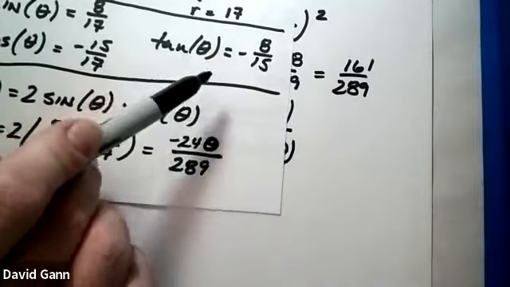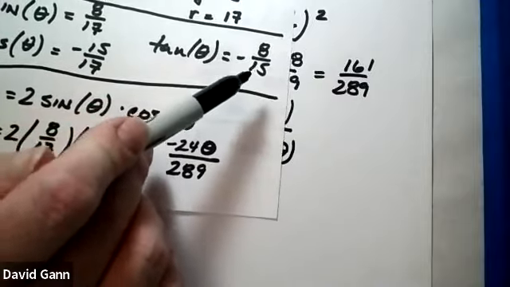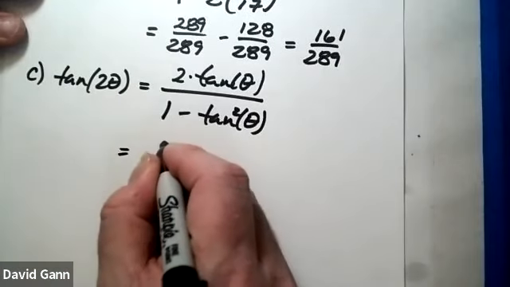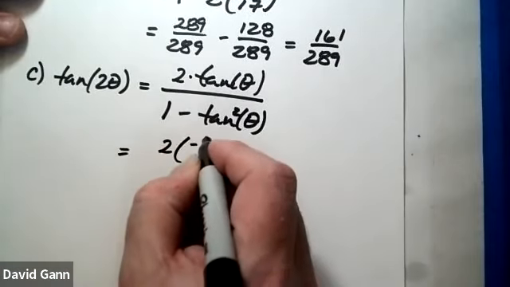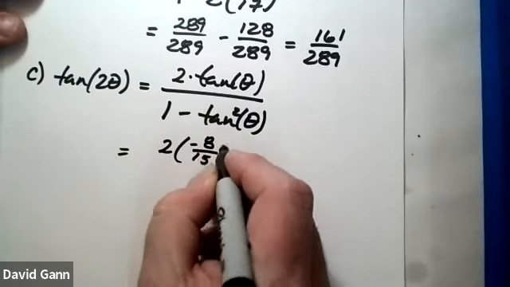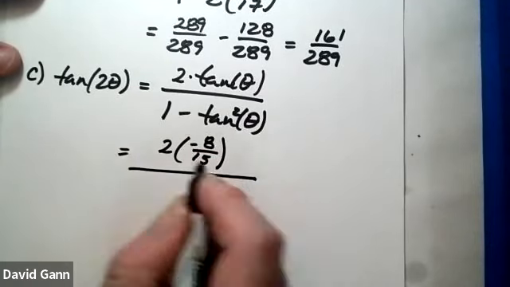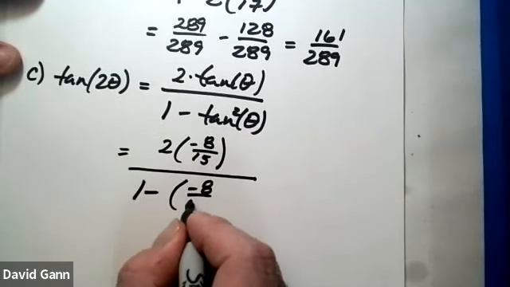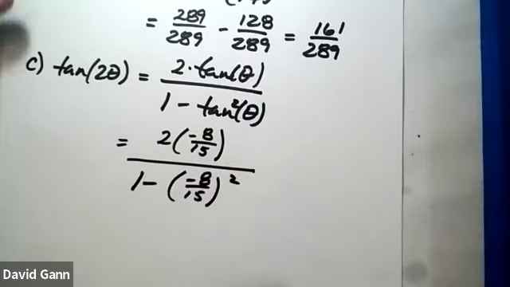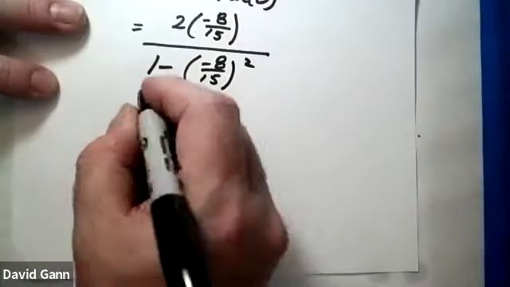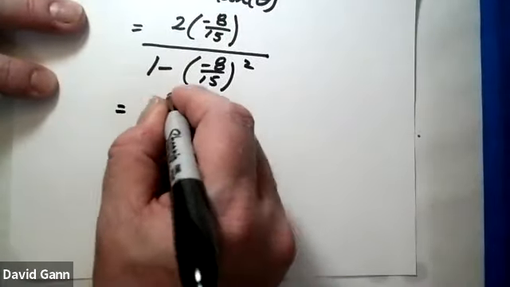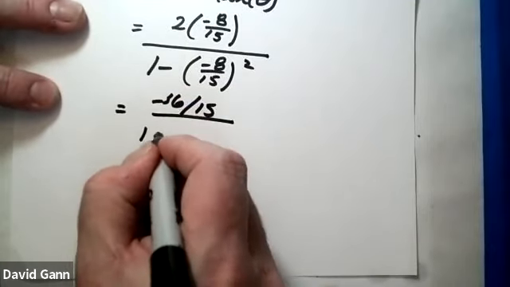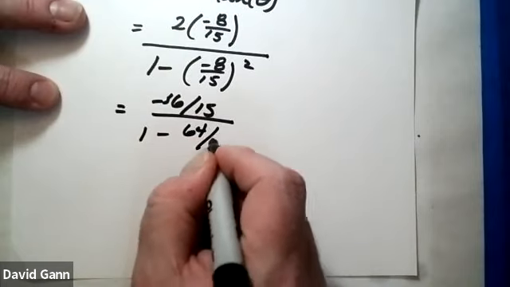Remember that the value of tangent of theta is negative 8 over 15. So we have in the numerator 2 times negative 8 over 15 all over 1 minus negative 8 over 15 quantity squared, which is going to be equal to negative 16 over 15 over 1 minus 64 over 225.